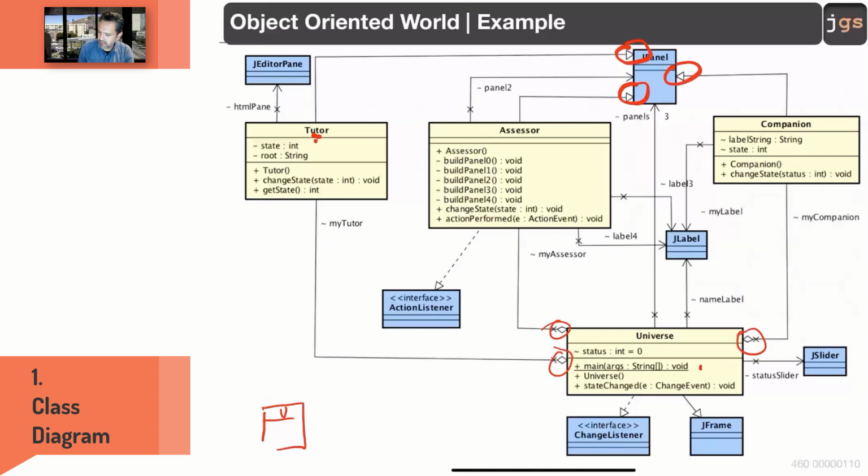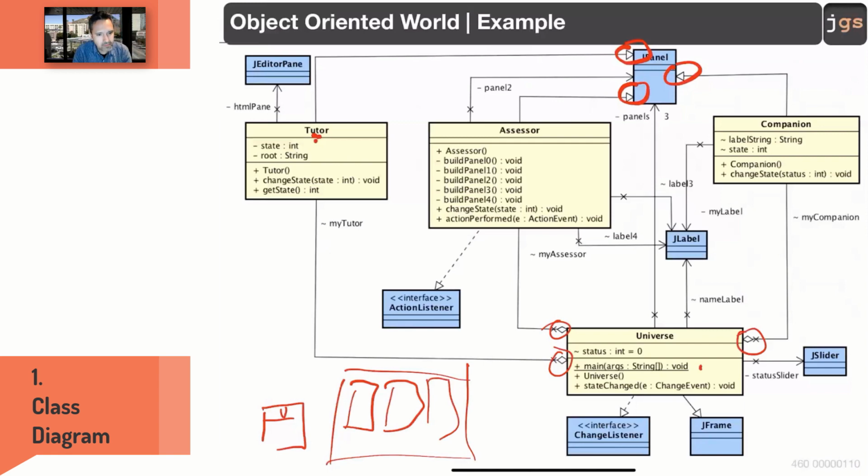That means that maybe universe is going to be something, and inside of that something, there are going to be 3 panels. What is going to be the content of the panels? I don't know. The classes should be doing something, but there are going to be 3 panels. Moreover, here, I am calling a method in a class JSlider.